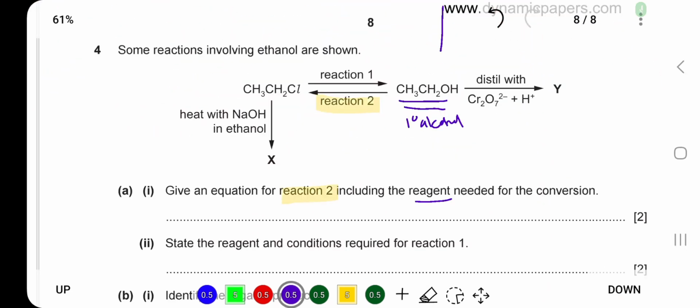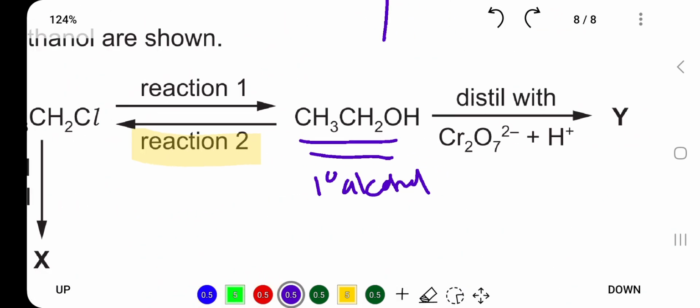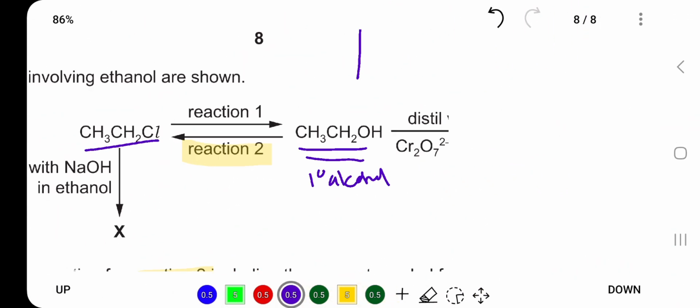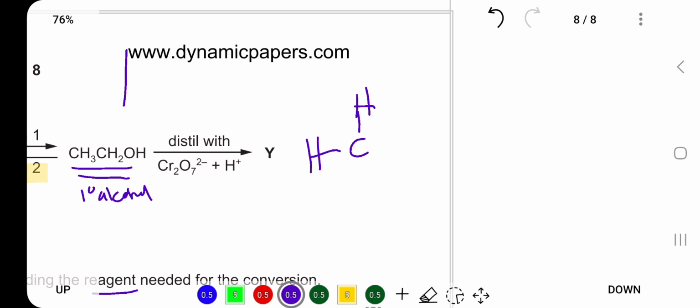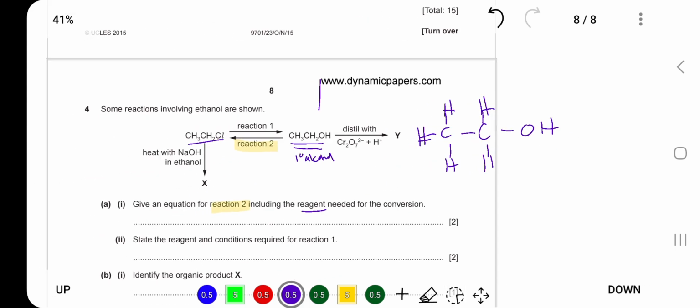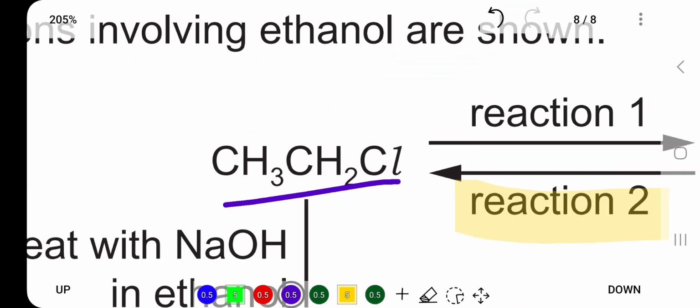Okay, this question they said give an equation for reaction 2 including the reagent. Now what reagent will we use? First thing, reaction 2 is from an alcohol into a halogenoalkane. So let's draw it real quick. CH3CH2OH, and then we want to change it into CH3CH2Cl.